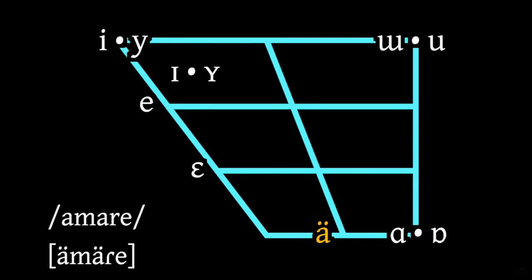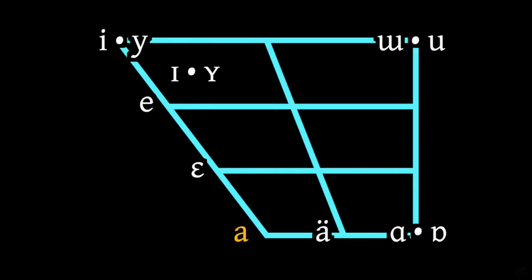Almost all the time, it's written like this, but as we can see, a plain letter a is actually a front vowel, and it doesn't sound the same. So if the open, back, unrounded vowel is [ɑ], and if the open, central, unrounded vowel is [ä], then this open, front, unrounded vowel must be [a].